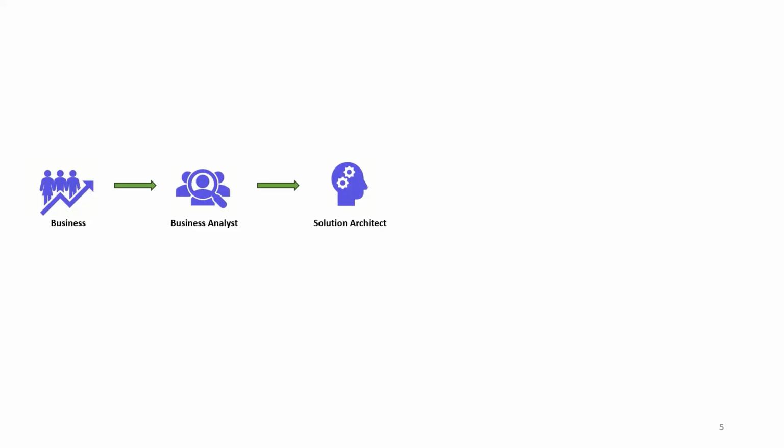The solution architect will take whatever requirements were passed from the business analyst, gather that information, and build the solution or the architecture design to be followed for the deployment of this new application. This is what we call an architecture diagram.